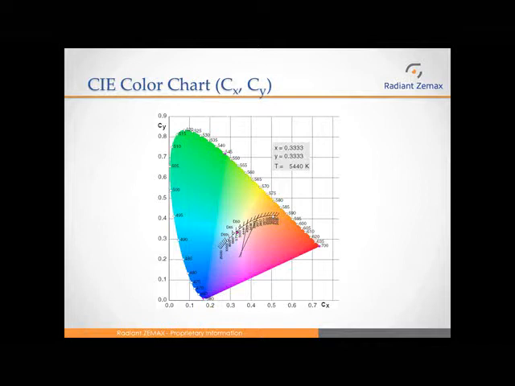And these all fall on this curve. What this curve is, a black body radiator at a given temperature has a given color. And so that function can be plotted as such. And then there are some standard illuminants, like we looked at D65 Northern Sunlight as an example spectral power distribution, so that falls right here.